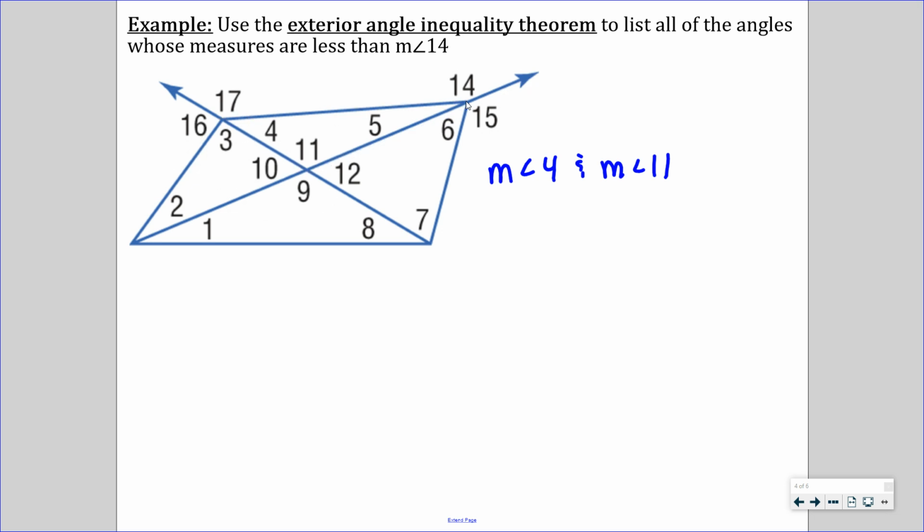And then the other triangle that 14 is an exterior angle for would be this big triangle, where it extends that side. So it also has to be greater than which ones in this case? 2, and then the sum of 3 and 4. We already said 4. So 3.